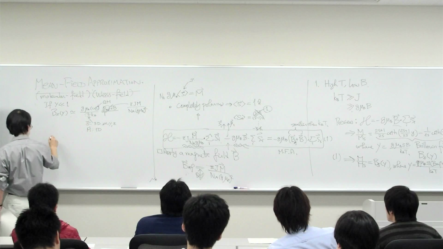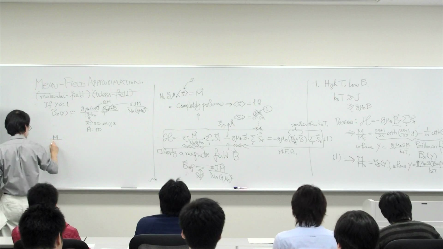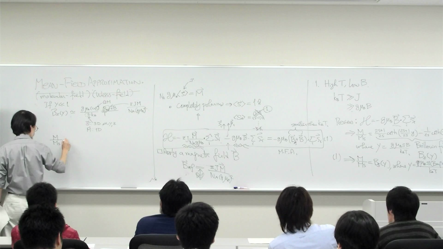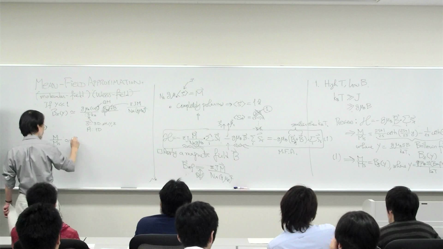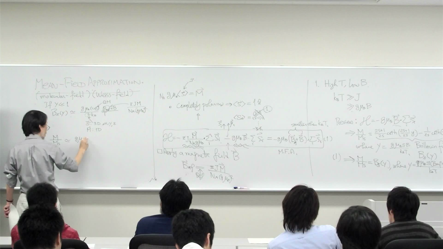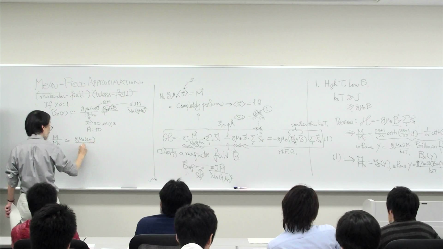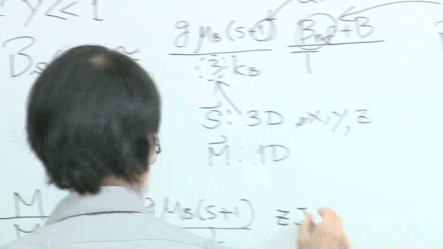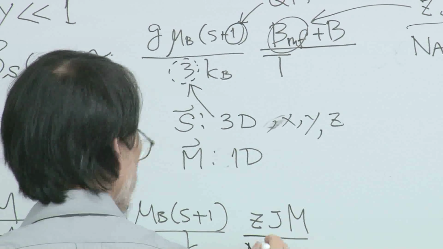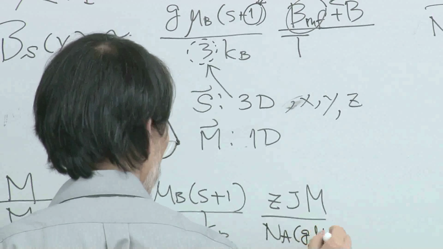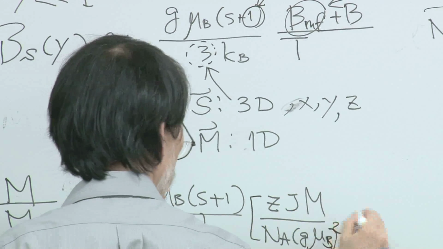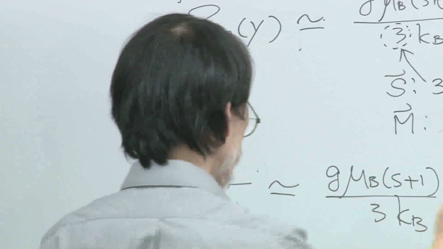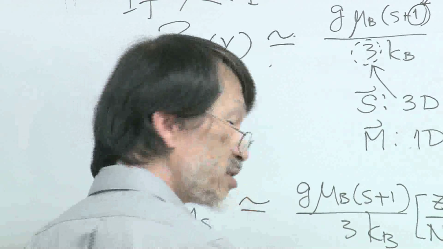So we have this situation: magnetization with respect to the maximum magnetization is approximately G times mu B times S plus 1 divided by 3kB times Z times J times M divided by N Avogadro G times mu B squared, plus B. Okay? So you have magnetization M showing up on both sides.